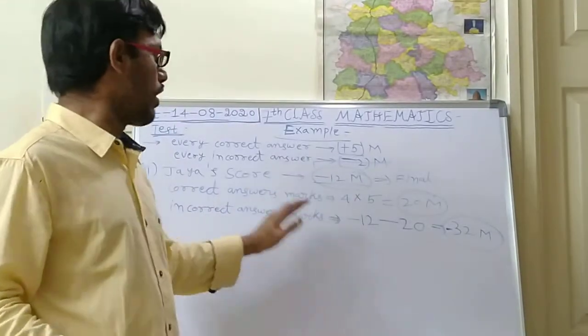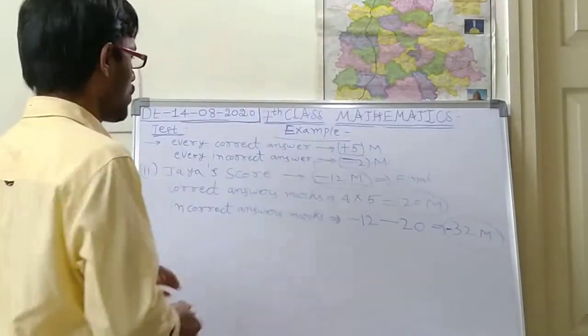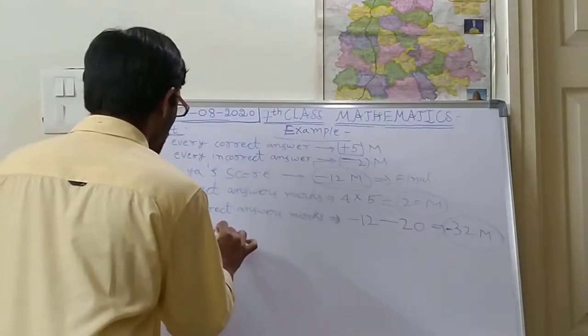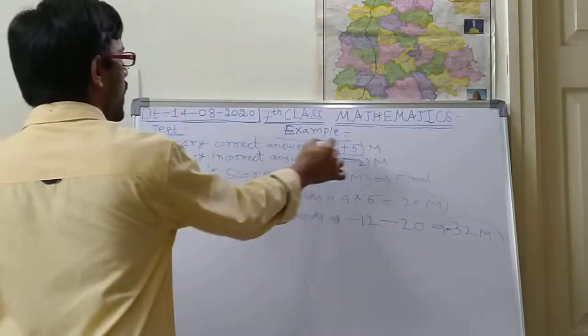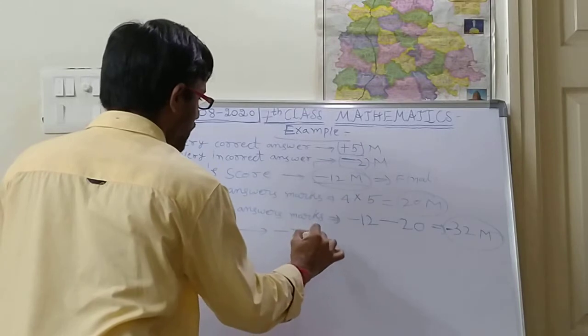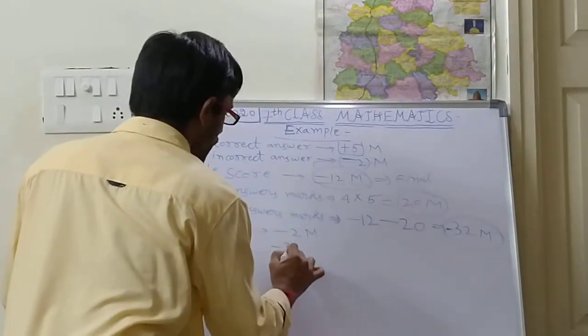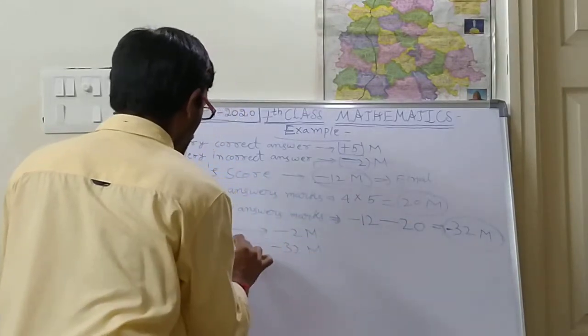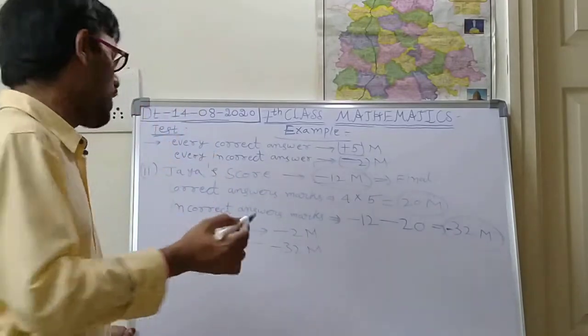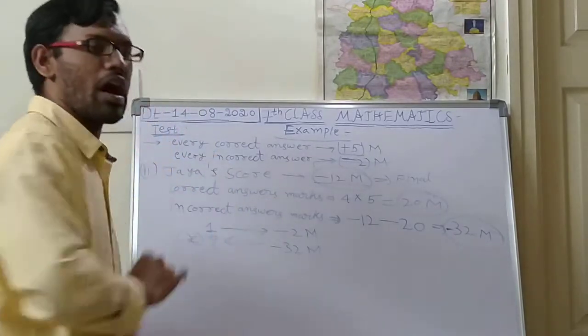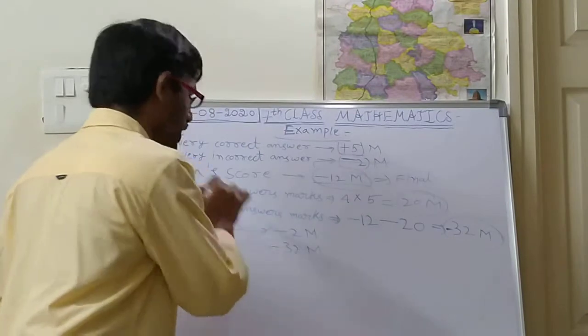Now we have to find how many incorrect answers. For one incorrect answer, same unitary method, minus 2 marks. So minus 32 marks will be awarded for how many incorrect answers? Same unitary method you have to apply. Okay, so cross multiplication.